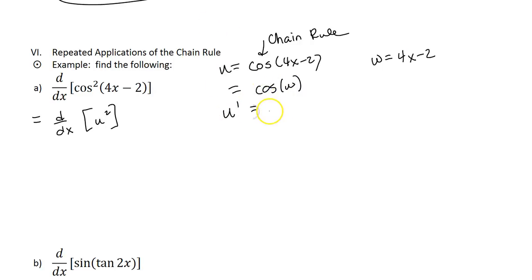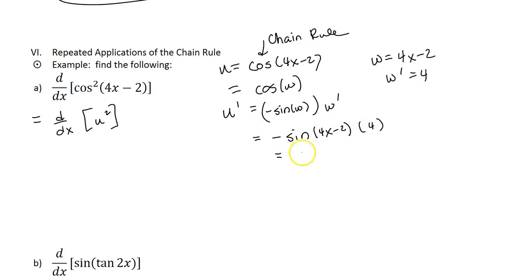So u prime would be the derivative of cosine, which is negative sine of w, and that's all going to be multiplied by w prime, which is 4. So this is negative sine of 4x minus 2 times 4, or negative 4 sine of 4x minus 2.